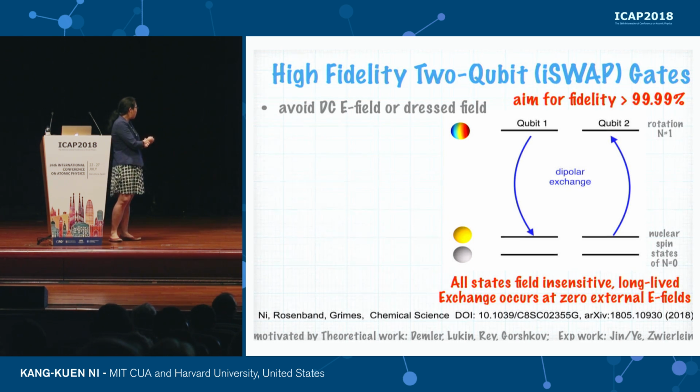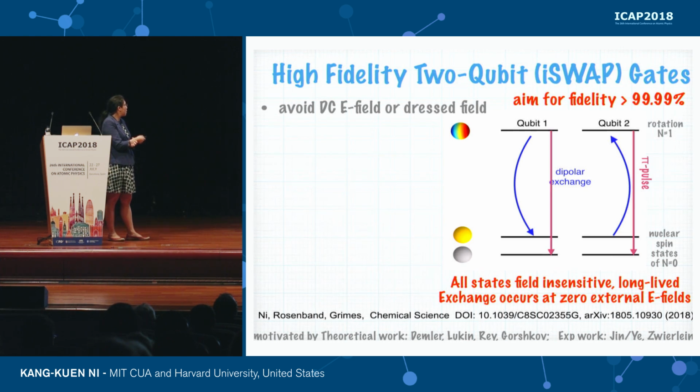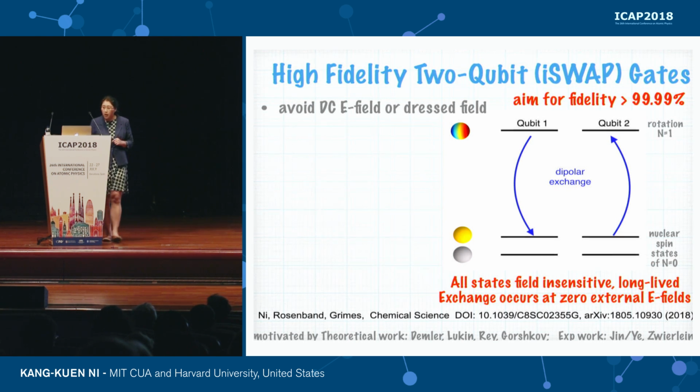So how do we do that? We allow them to interact by pi-pulsing one of the states to a rotational excited state, and then we allow this resonant dipolar interaction to happen for a fixed amount of time. Then we can bring the population back, pi pulse it back down, so this becomes a state transfer problem.